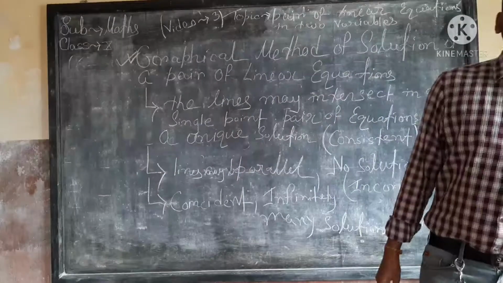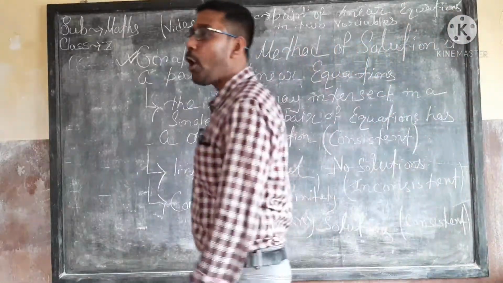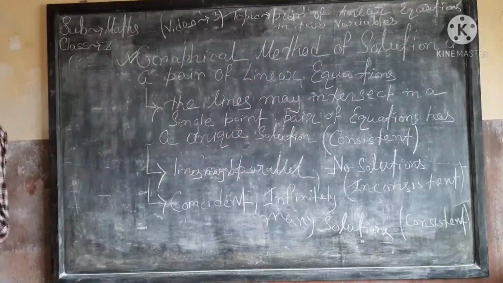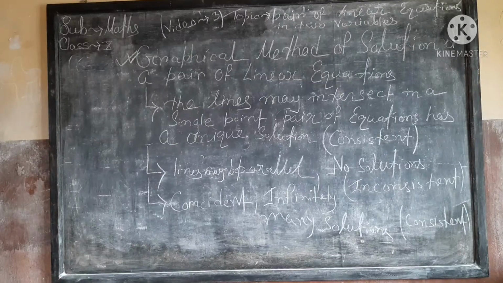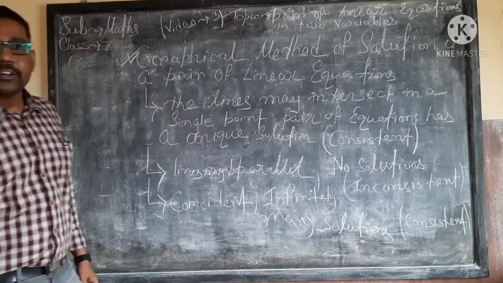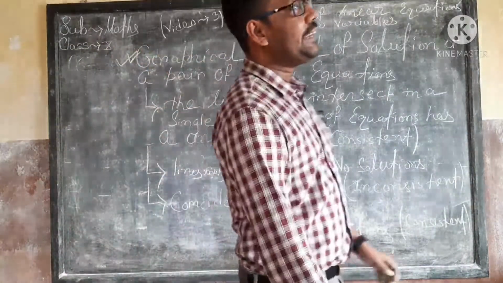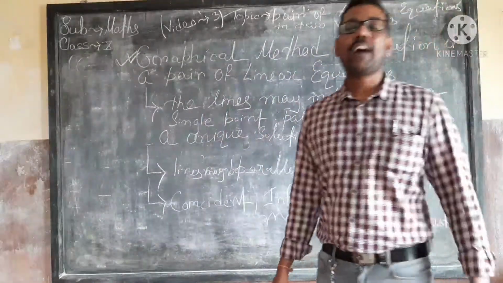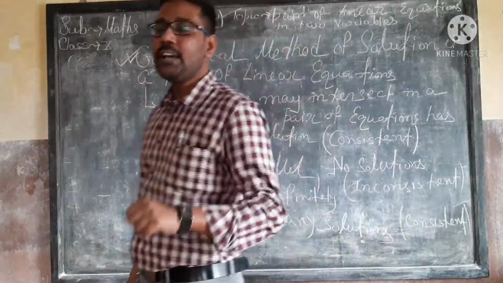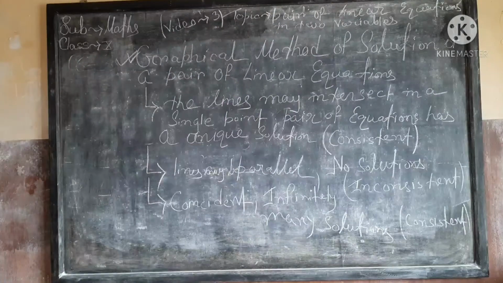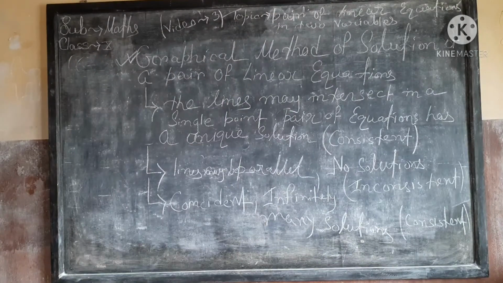In our last two videos, we already discussed what linear equations are, what the general form of linear equations is, and what the condition is to call two linear equations a pair of linear equations.